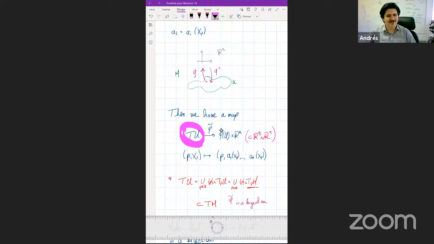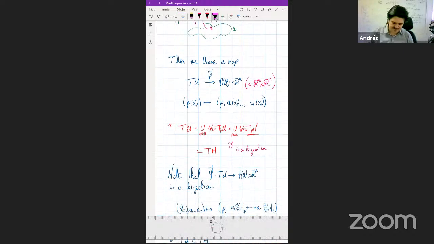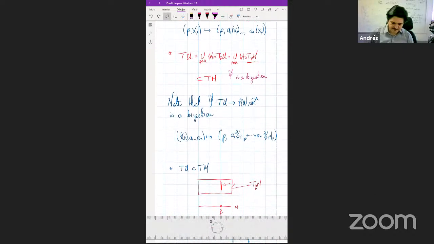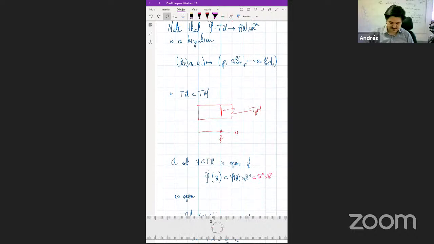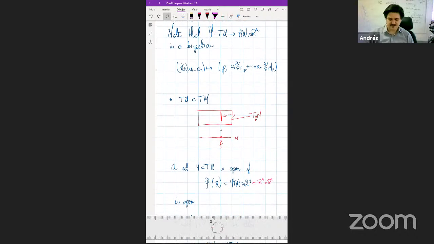So in that way, they are huge open sets. Okay, so this is what we have so far. This is what I was telling you. The open sets under the map are going to be open.